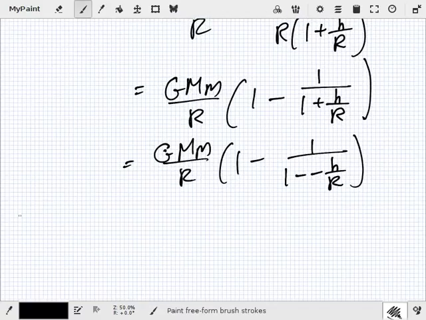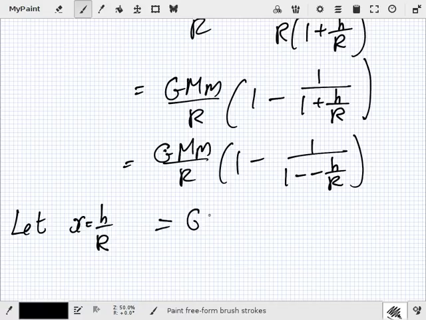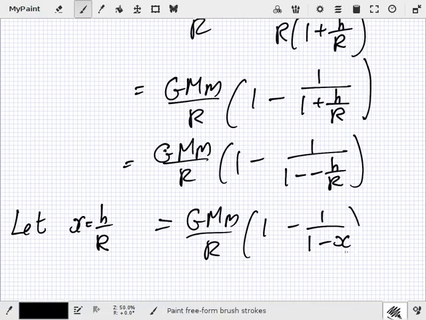Okay, now let x equal minus H over R. So then this equals GMm over R times (1 minus 1 over (1 minus x)).